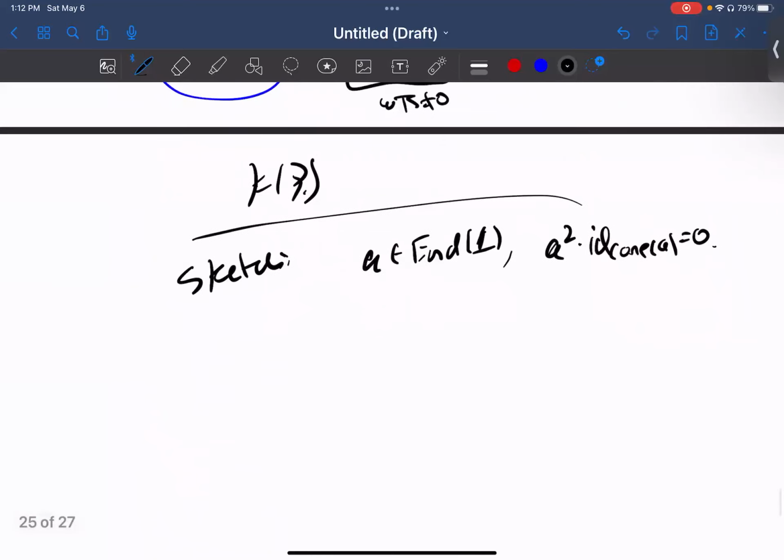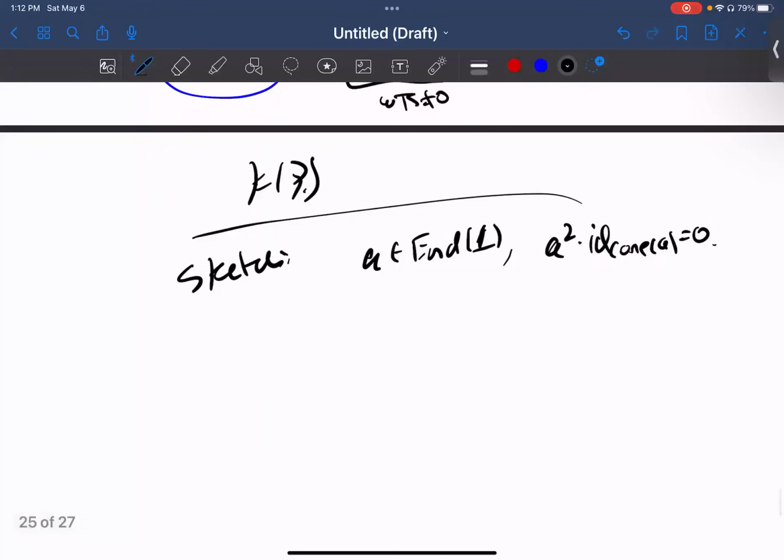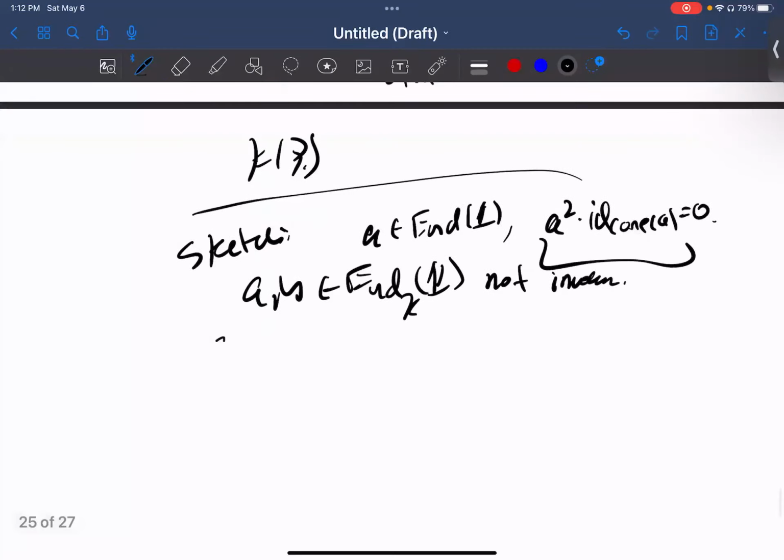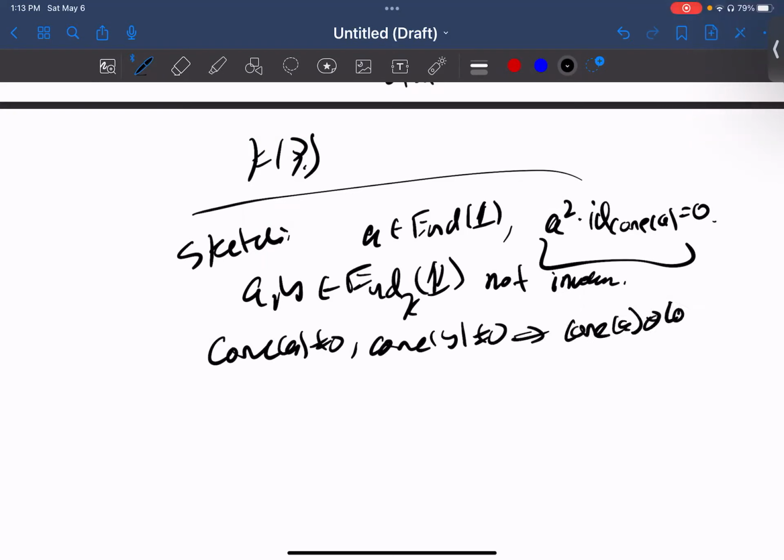And let's see. After you have this, then you take any A and B in the endomorphisms of 1. So by here, I mean pi 0 of the endomorphisms of 1. So these are not invertible. Then cone of A is not equal to 0. Cone of B is not equal to 0. By the local property, this implies that their tensor product is non-zero.